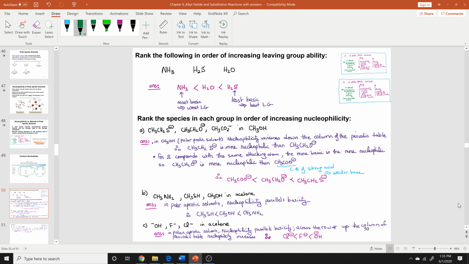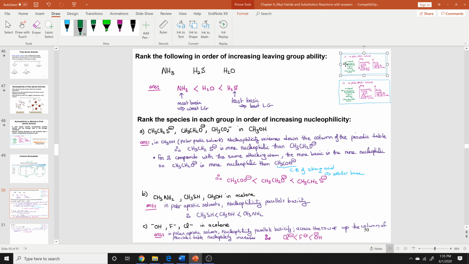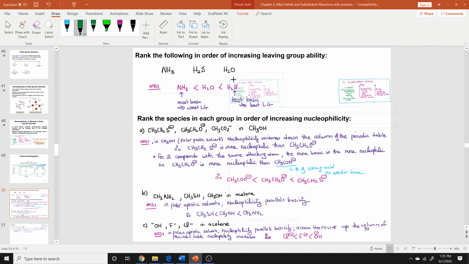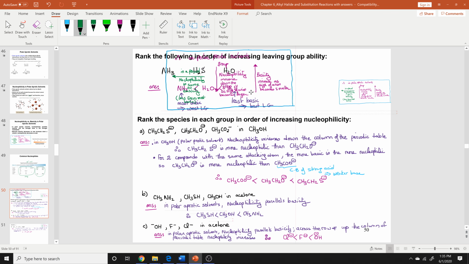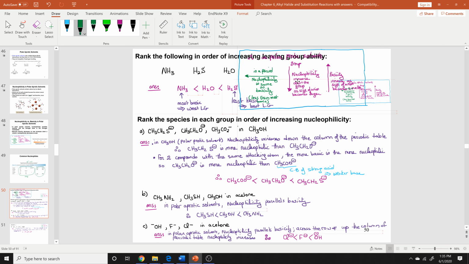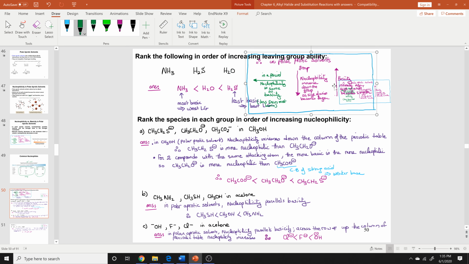This one is a polar protic solvent. So let me magnify this over here. With polar protic solvents, I know that nucleophilicity is opposite of basicity when I'm working with a group, and it's the same as basicity when I'm working with a period.